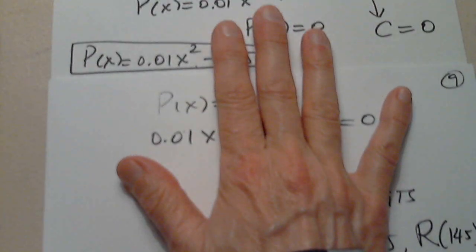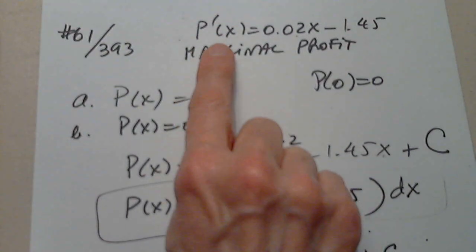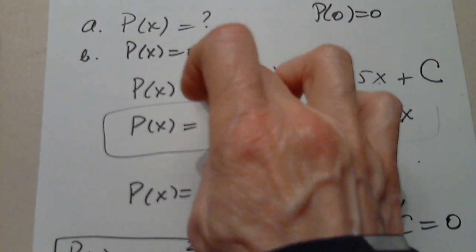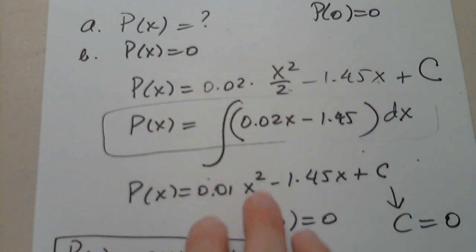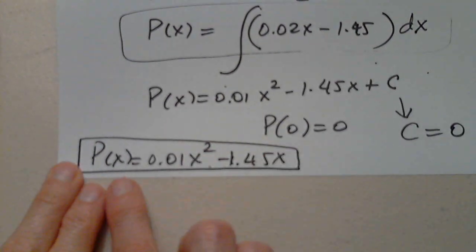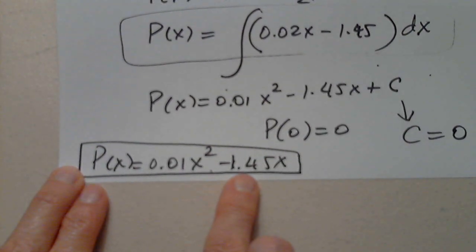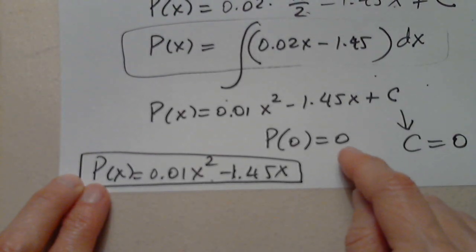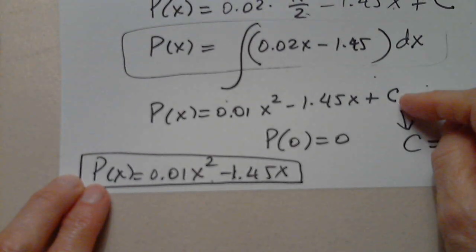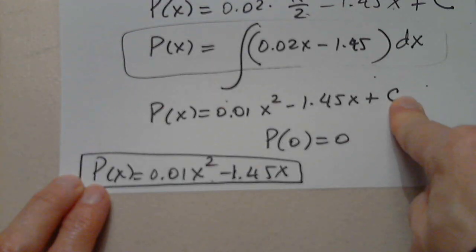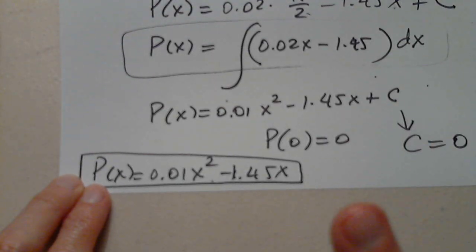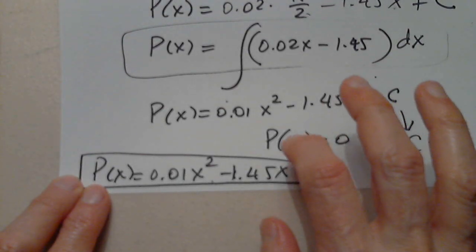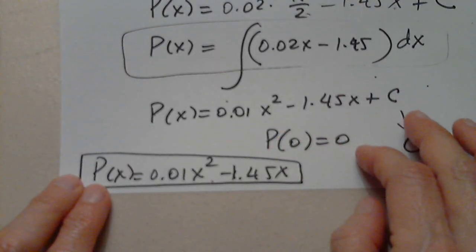So what just happened here? We were given the derivative of the profit. We were able to determine the profit function, either notation, it doesn't matter. We were also given an initial condition to help us determine c, because they wanted us to find that unique function such that P of 0 is 0.